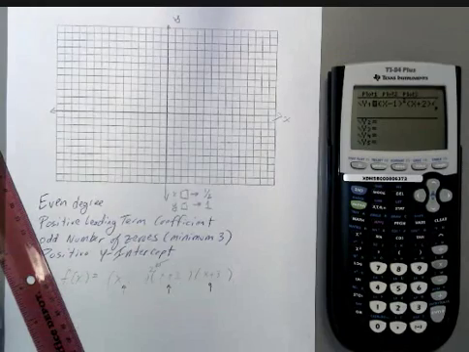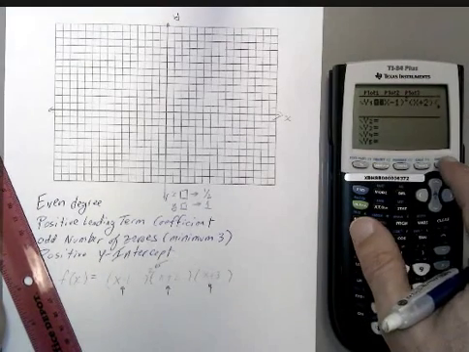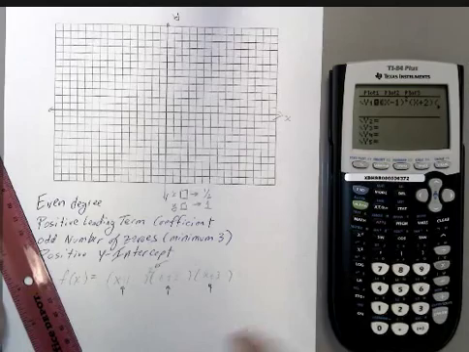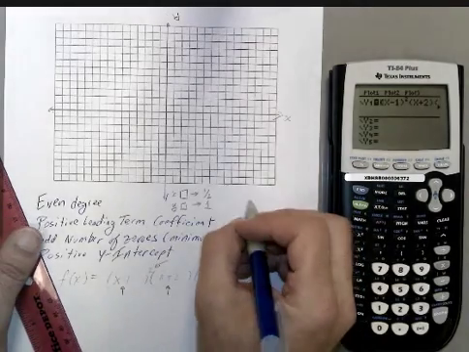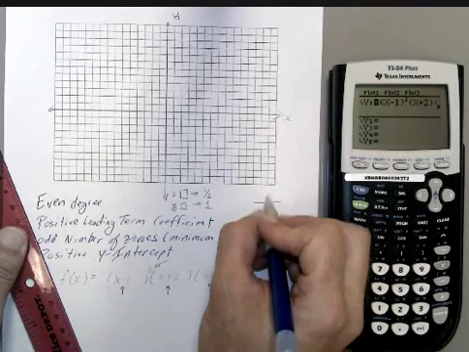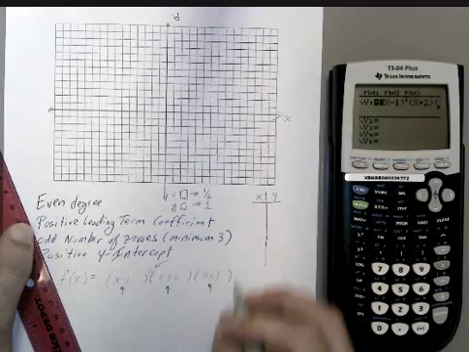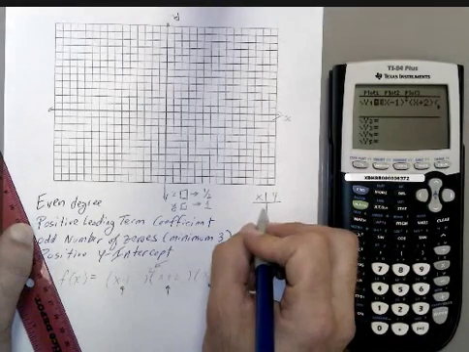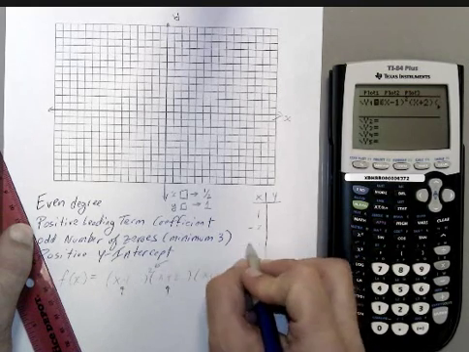So my next step is to calculate the key points and plot them. To do that, first I'm going to take a look at the equation itself. So my key points are going to be in my table. My zeros, which are at 1, -2, and -3, so my y value is 0 there.